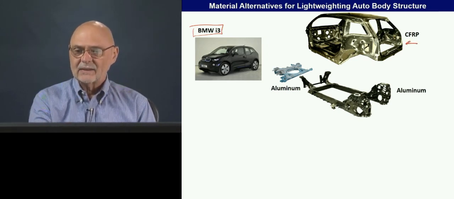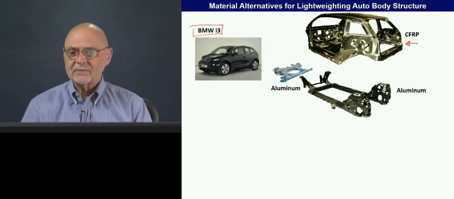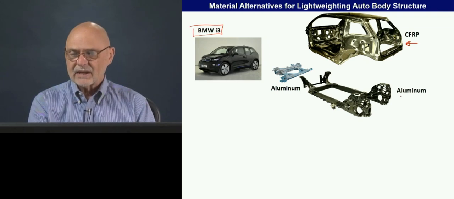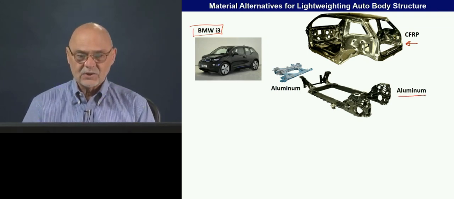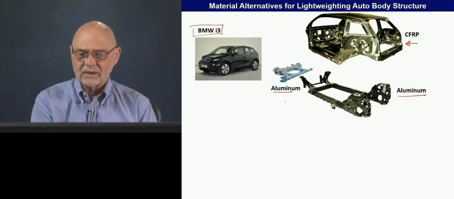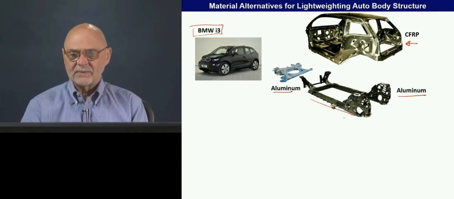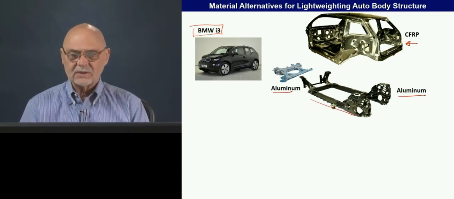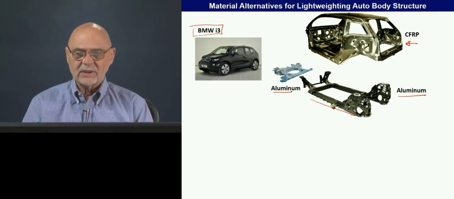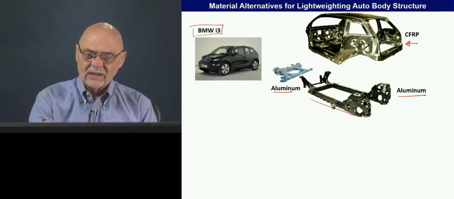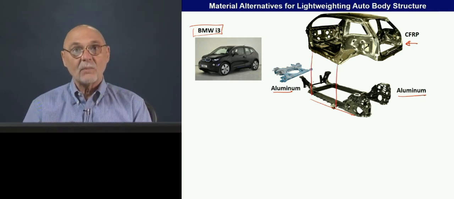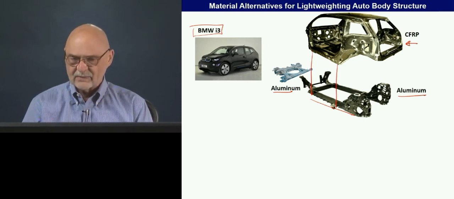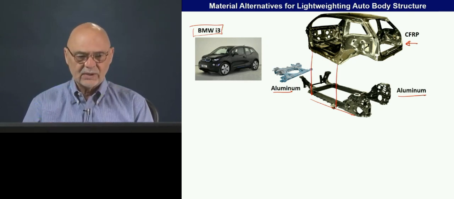Here the body structure is carbon fiber reinforced plastic, but that sits on an aluminum frame. We have both a little subframe in the front and then a whole chassis frame underneath the rest of the vehicle, so I call that a multi-material car. It's a rigid connection. There are no body mounts on the car, so the two are like an integral structure.